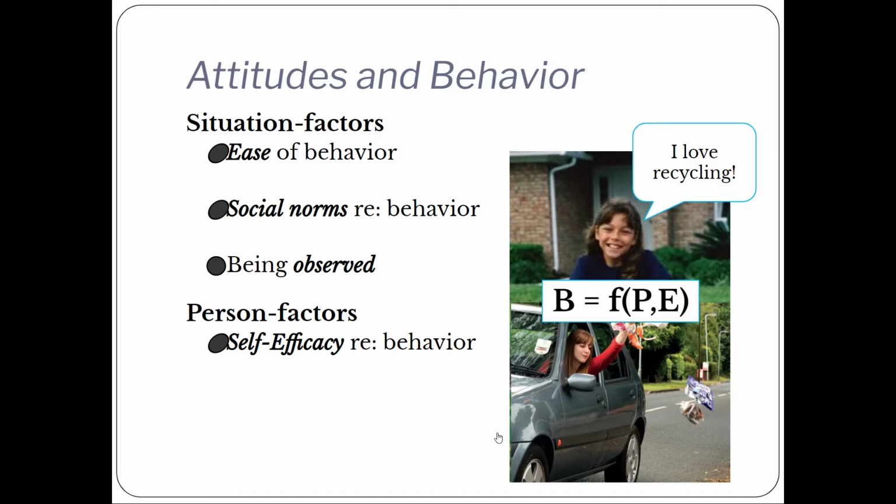We may have an attitude that is really predictive of behavior, but whether we actually do the behavior is related to whether we feel capable of successfully doing it. Recycling is somewhat simple, right? You just put things in. It's an easy behavior, so when we have a positive attitude about recycling, it's easy to just do it.